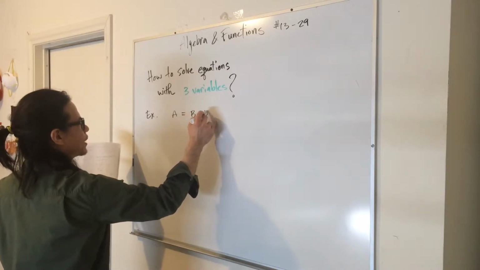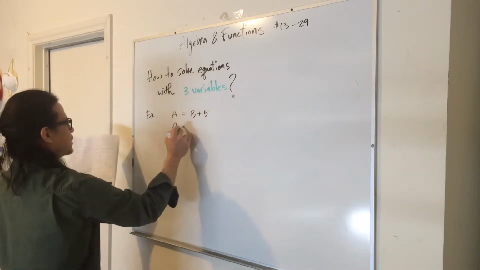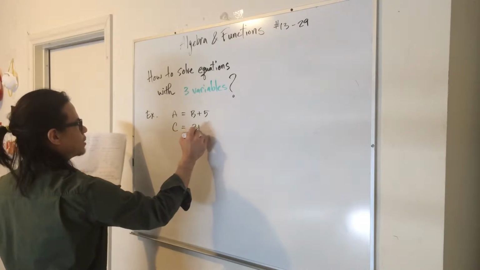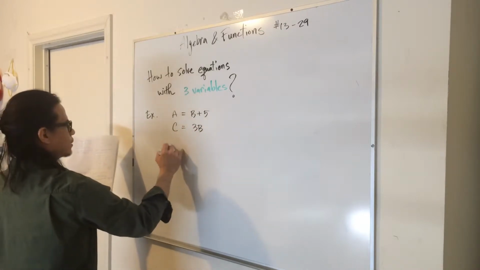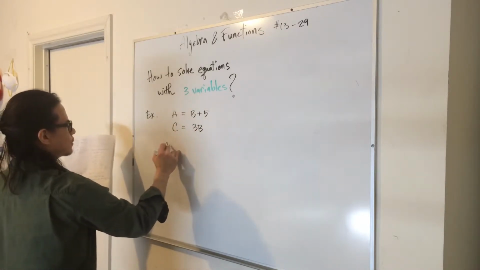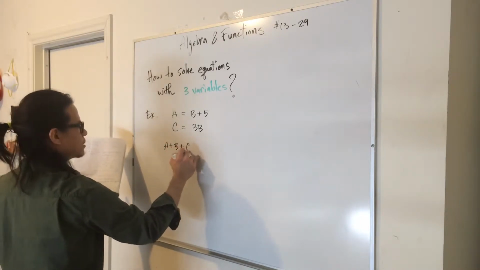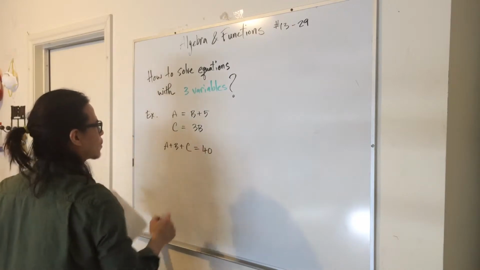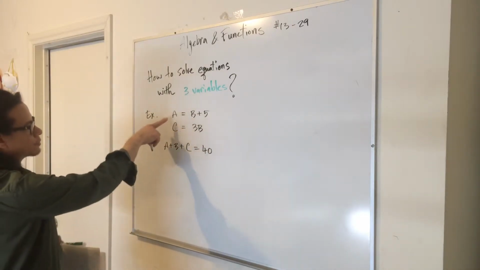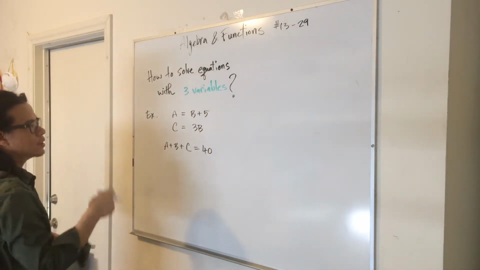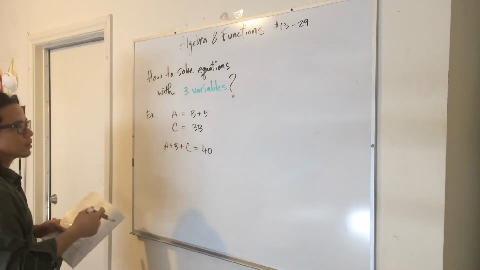A equals b plus 5, c equals 3b, and let's also give you that a plus b plus c is equal to 40. Okay, so if we have 3 variables, a, b, and c, you need 3 equations in order to solve it.